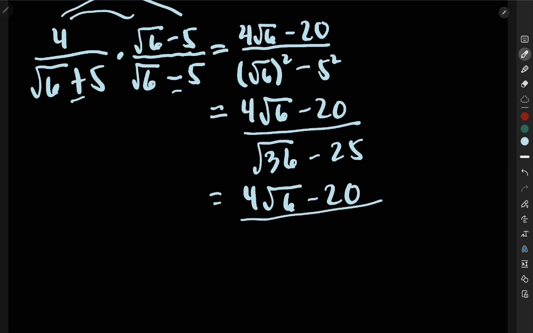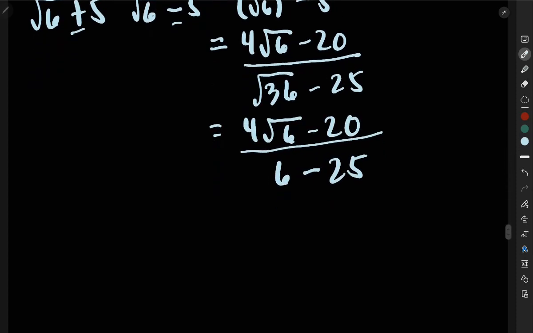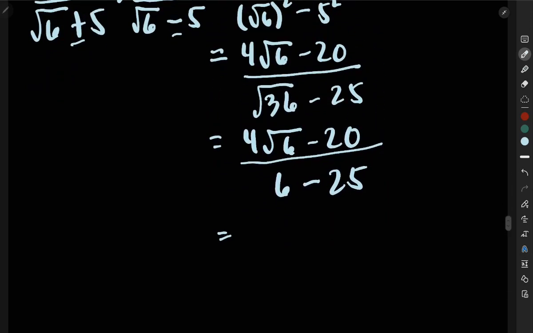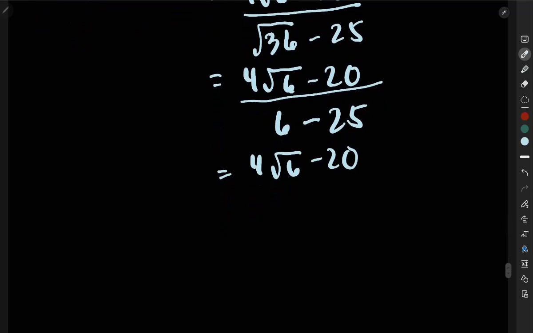So square root of 36 is, no, sorry. Yeah, so it's square root of 36 and then minus 25. And then 4 square root of 6 minus 20 over 6 minus 25, that is negative 19.